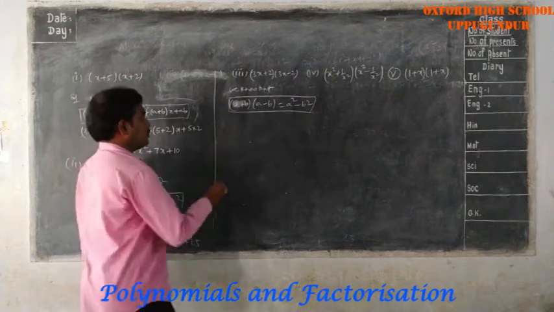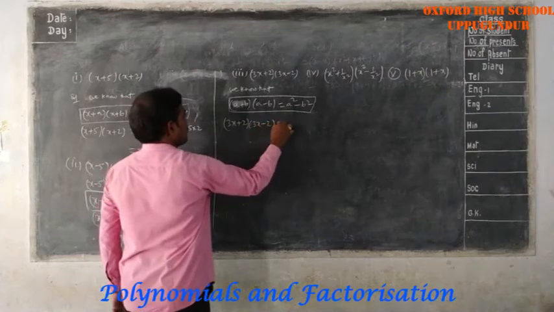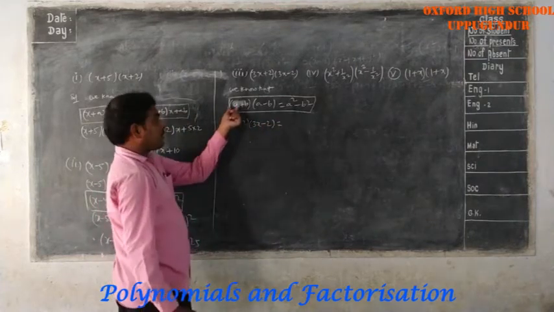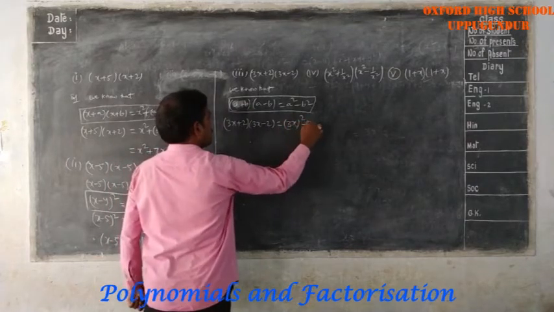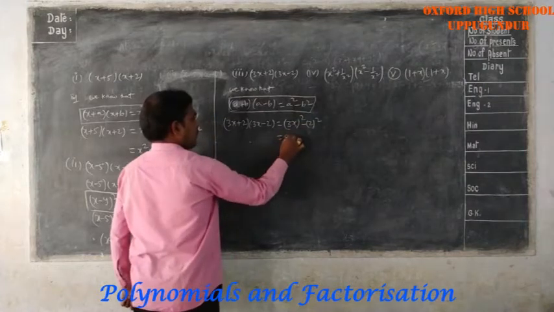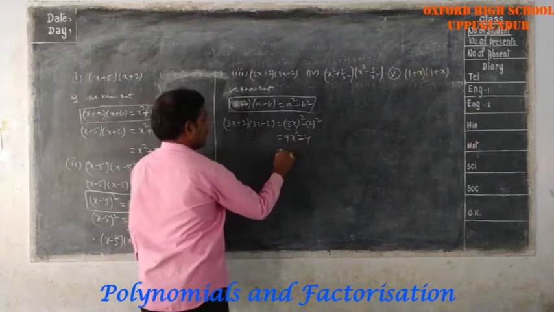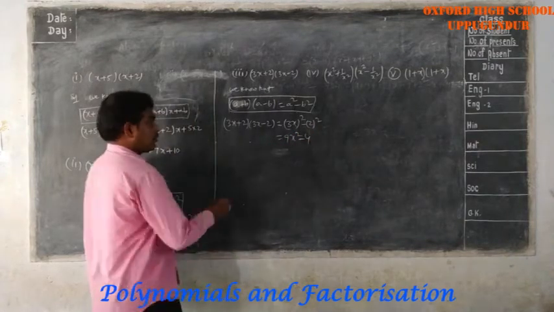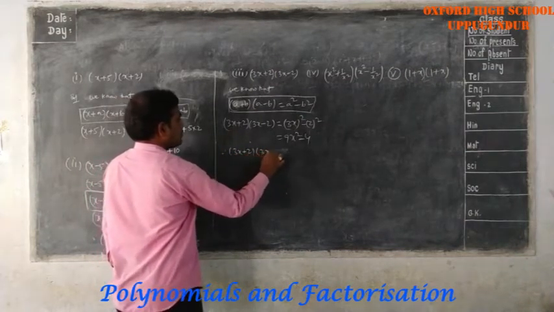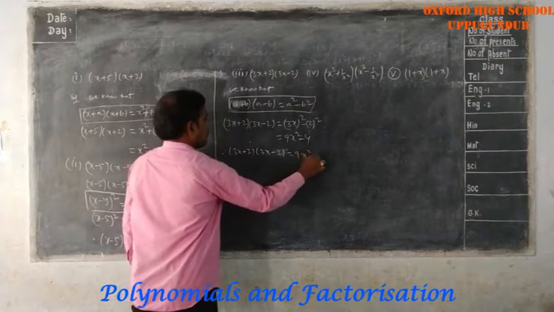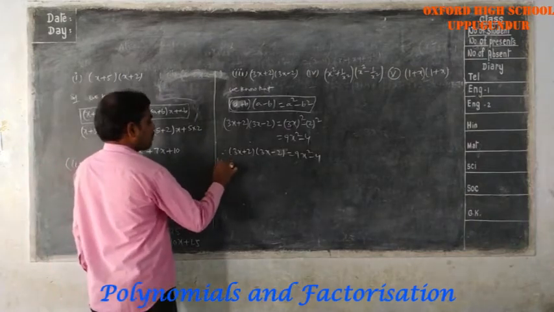Based on this, we consider 3x as a, 2 as b. Now (3x) whole square minus 2 whole square. 3 square is 9, x whole square is x square, minus 2 square is 4. So we will get 9x square minus 4. Therefore (3x plus 2) of (3x minus 2) equals 9x square minus 4.